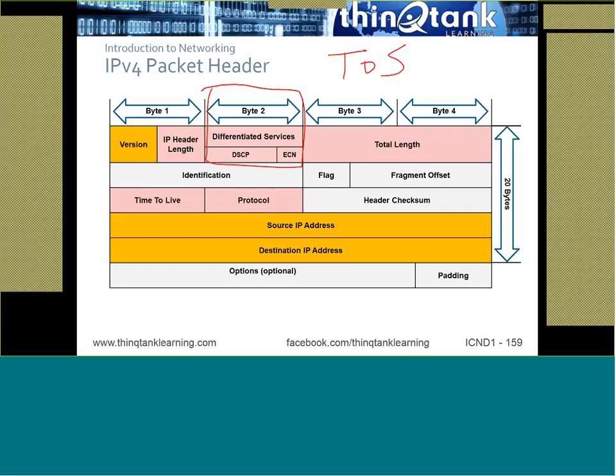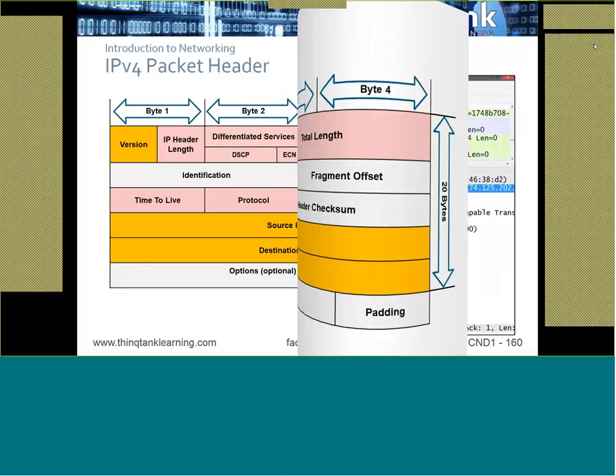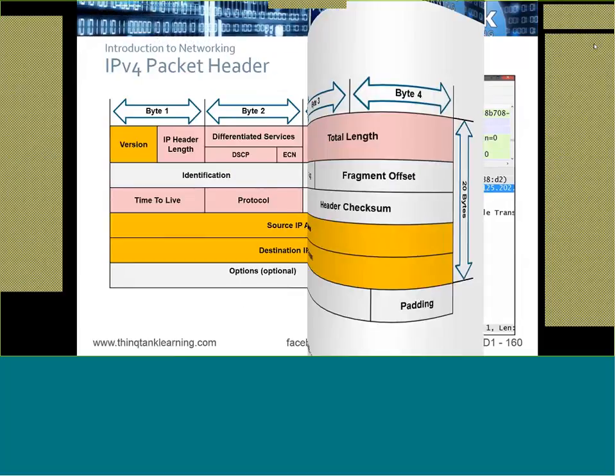How do you represent, we have a question here online, how do you represent 20 bytes with 4 bits? Well, we don't represent it as a decimal number. He's saying, if this field is only 4 bits, how can I actually say that the header is 20 bytes?